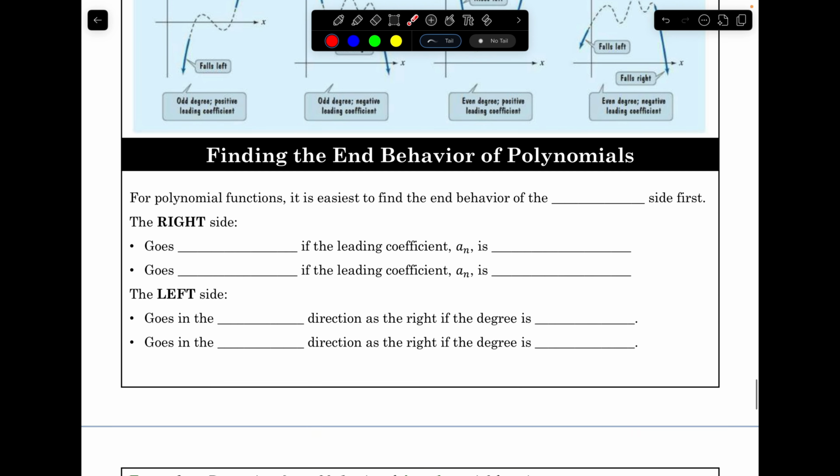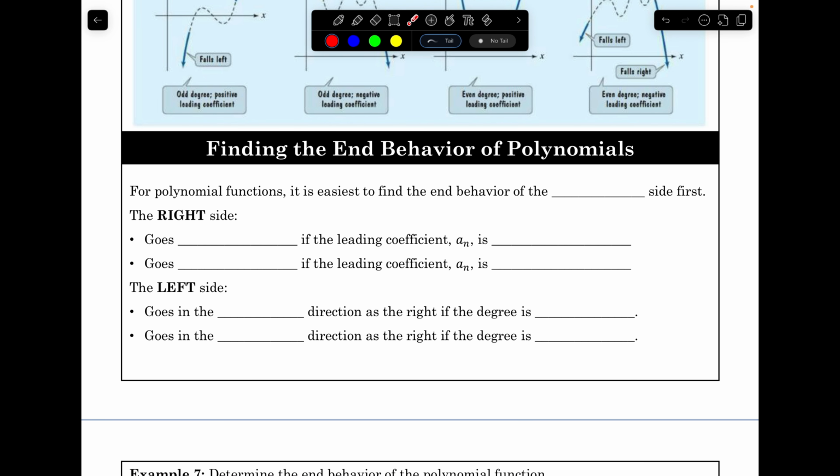So for example, for a polynomial function, the easiest way to find the end behavior, like I said, is for the right side first. The right side is going to go upwards, again, rise, if the leading coefficient a sub n is a positive number.